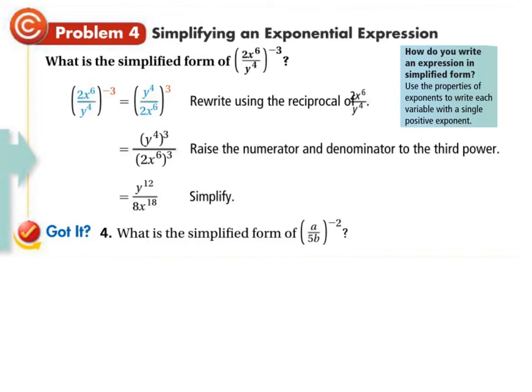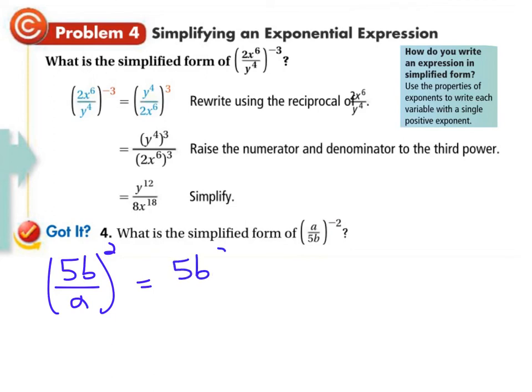So the first thing we're going to do is deal with the negative. Let's get rid of this negative by taking the reciprocal of this. We're going to put 5b on the top and a on the bottom, and now we simply have an exponent of 2 instead of negative 2, because the negative was used up in flipping that fraction to its reciprocal. Now we're going to give that exponent of 2 to each part.